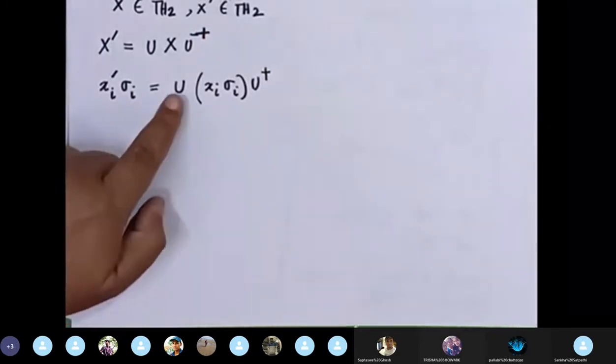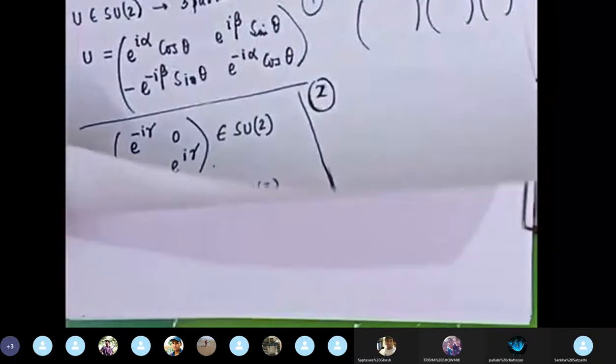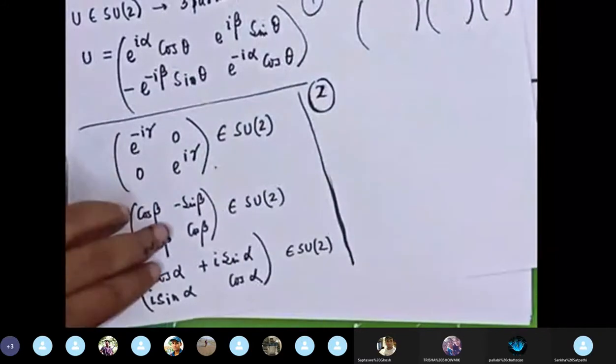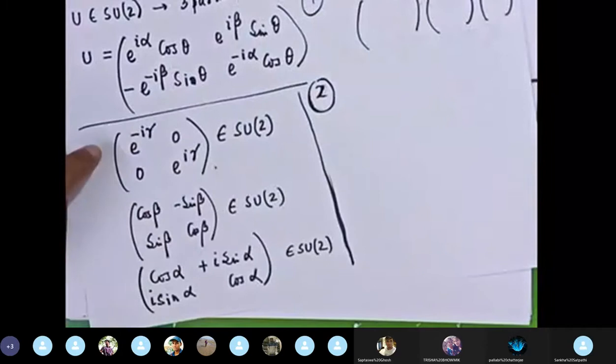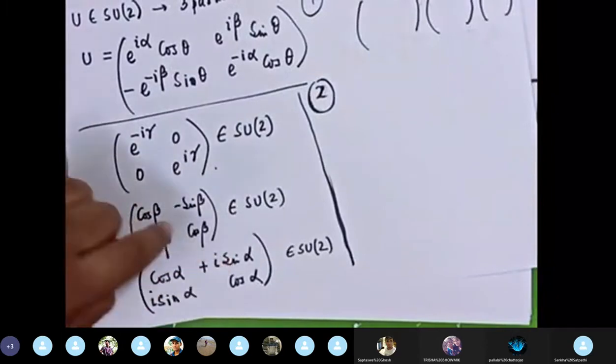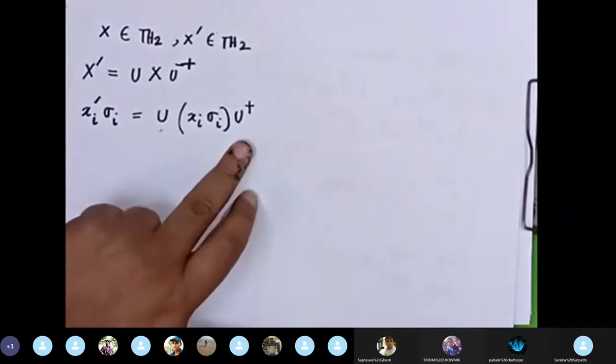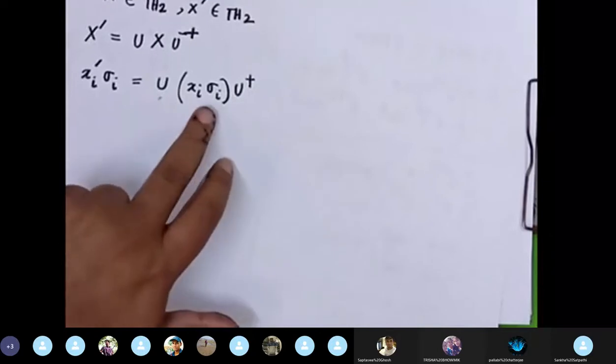Now see, if I use a particular parameterization of U, say this one, U will contain, after this multiplication, whatever it is, alpha, beta, gamma in each term of the 2 cross 2 matrix. So U is a 2 cross 2 matrix involving its parameters. U dagger is also its dagger, and this is this.